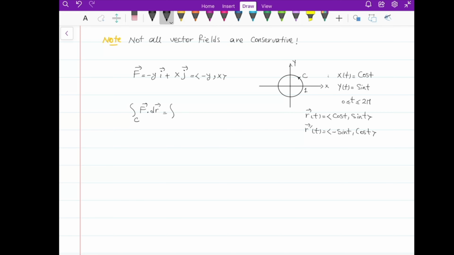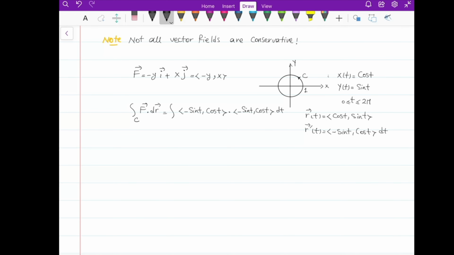Okay, so I'm gonna put the parameterization into the vector field, which is what? Negative y is sine t, and then x is cosine t, and then r prime of t, which is that negative sine t and cosine t dt.